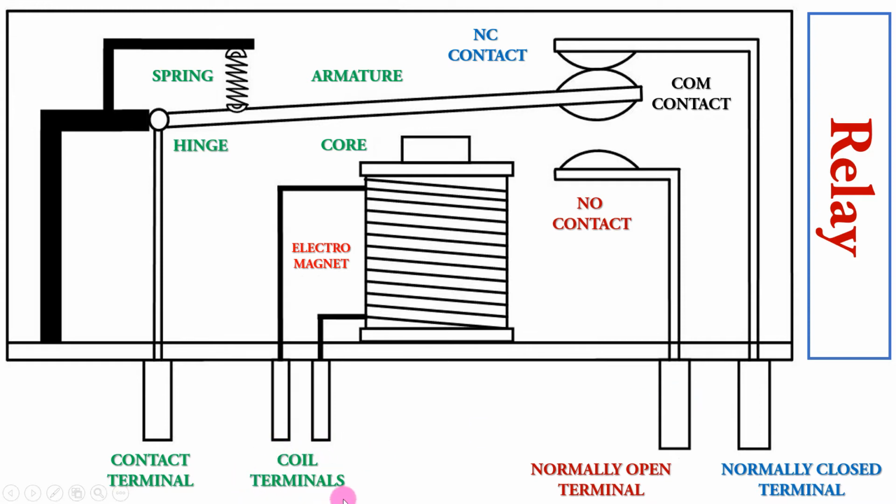Whenever the coil terminals are activated, the contact terminal is connected to the normally open contact. When there is no current, the contact is connected to the normally closed terminal. The spring is used to bring back the armature to the normal position when the magnetism is removed. So this is the construction details of a switch.